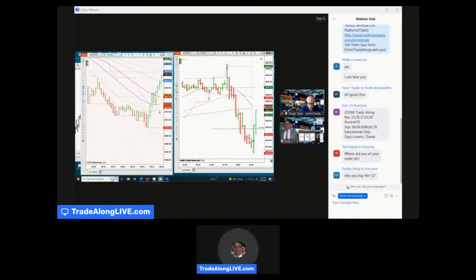At 23, we got a green band sitting there at 24, and we got a blue band up here at 24.25. So we ought to be able to get something out of this 23.